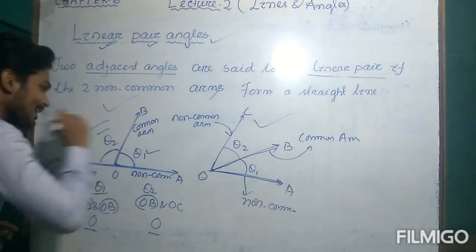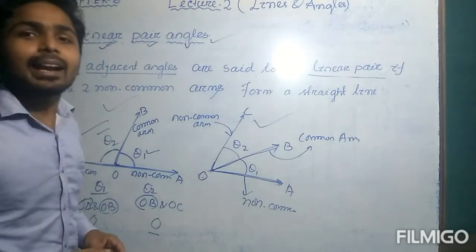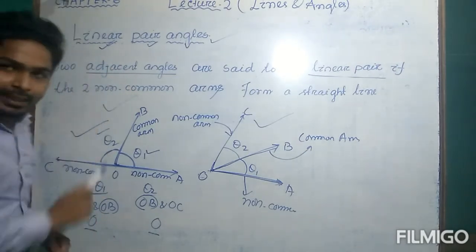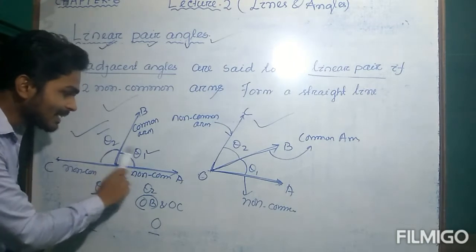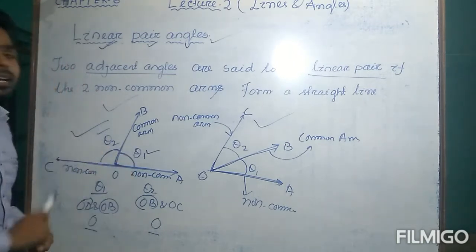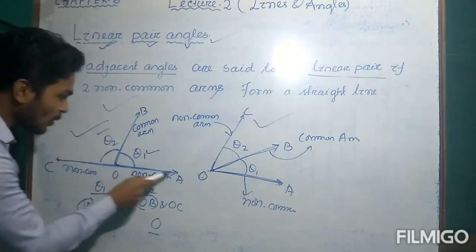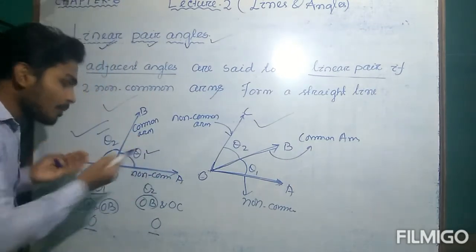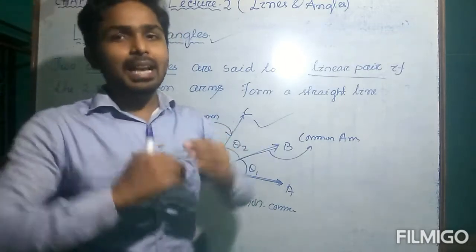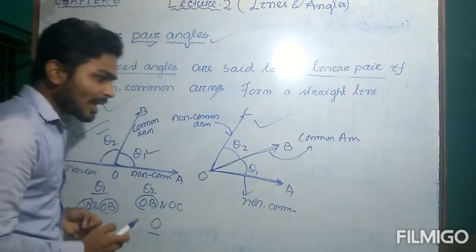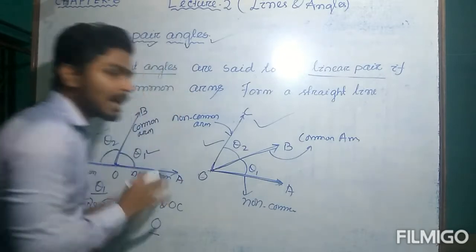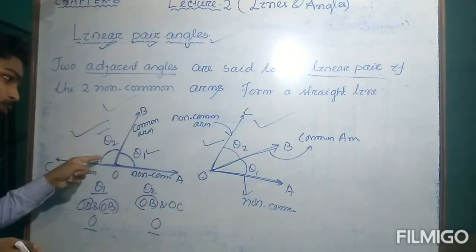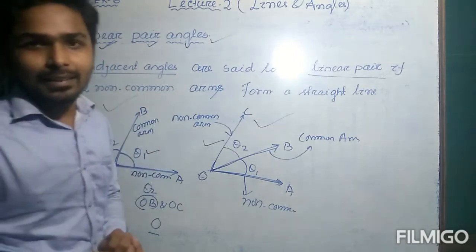Now, this type of angles are known as linear pair angles. From the definition, two adjacent angles are said to be a linear pair if the two non-common arms form a straight line, or lie on a straight line. If they do not lie on a straight line, then they are only known as adjacent angles. But if they lie on a straight line, then these angles are known as a linear pair. Understood?